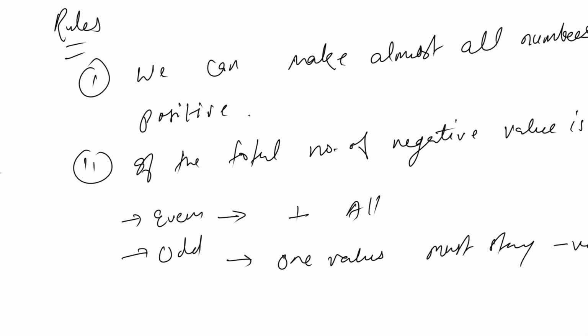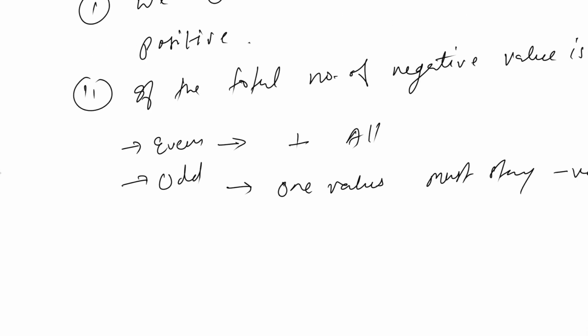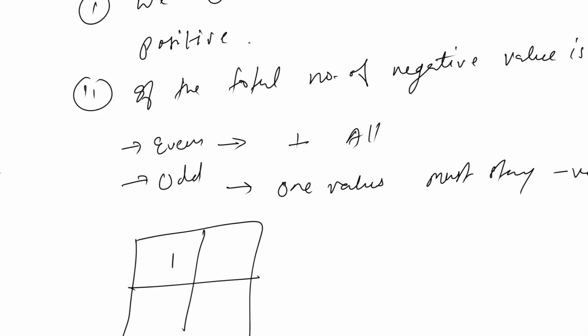Let me explain what I'm trying to say. Let's suppose two cells. If these two numbers are negative and this is positive, if you multiply these two, it will become positive.